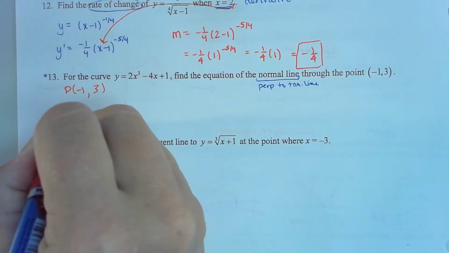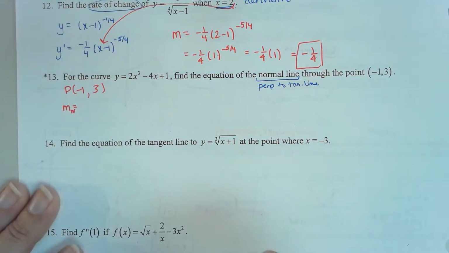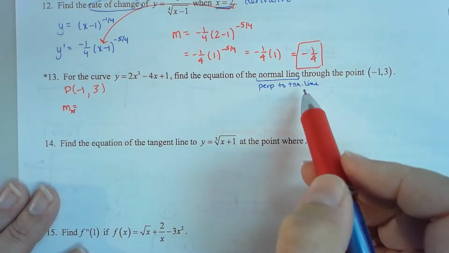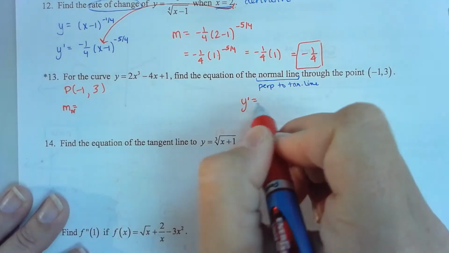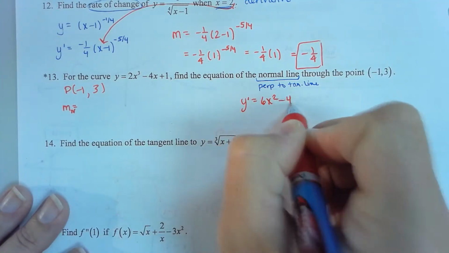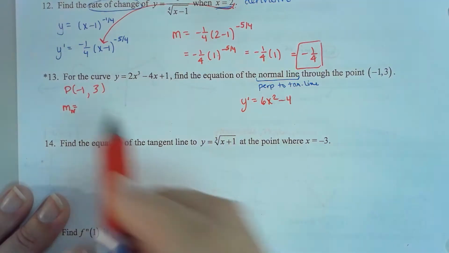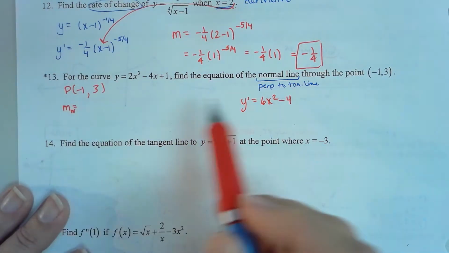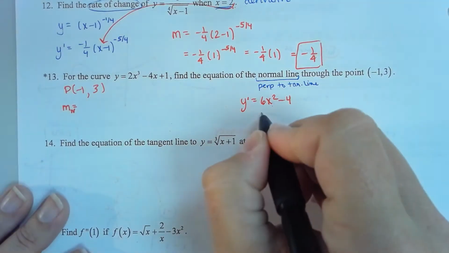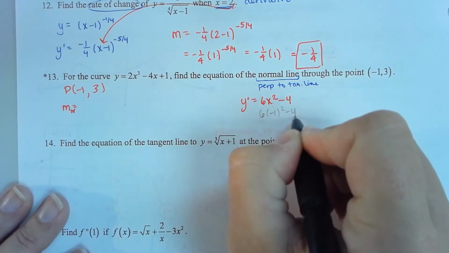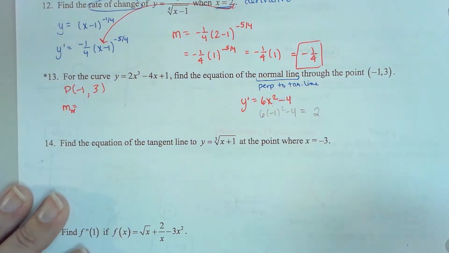Be careful, I'm going to jot this down. We want the slope of the normal line, but the derivative will give us the slope of the tangent line. That's all right. So we'll say y prime equals, I'm going to take the derivative. I get 6x squared minus 4. I would like the slope when x equals negative 1. So I'm going to plug in my negative 1, and I get 2.